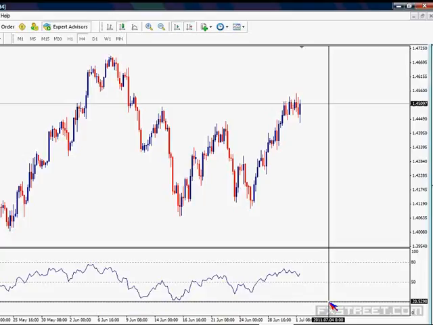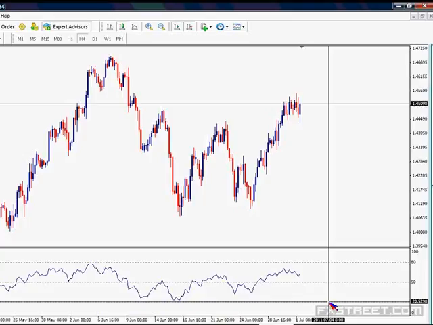Technically, we said that when we reach the extremes of the indicator, either the 80 or the 20, either the demand or the offered strength is excessive and close to an end. But close to an end, ready to change direction, doesn't mean it will happen.